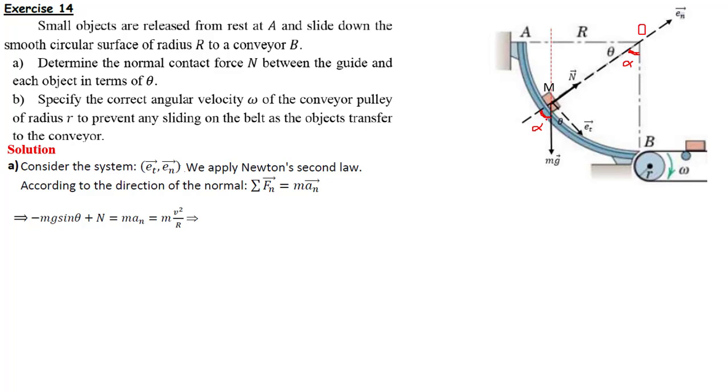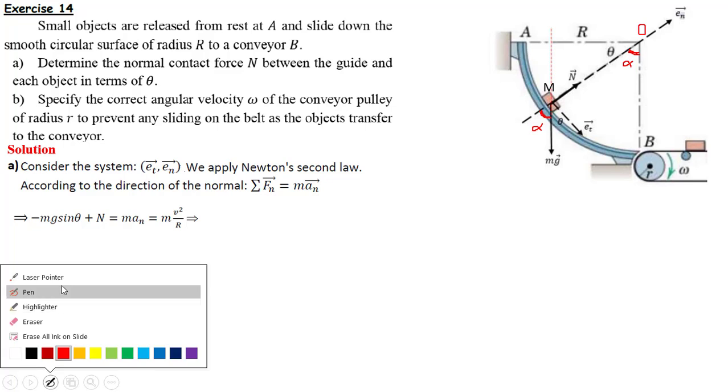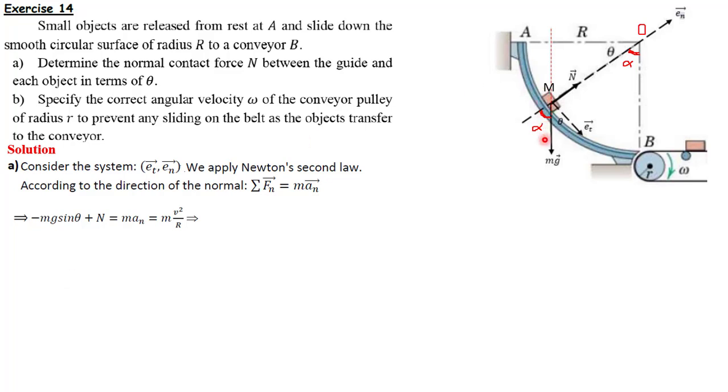This red angle is equal to this red angle, corresponding angles, and alpha plus theta is equal to 90 degrees. So the projection of mg along the normal unit vector En will give us minus mg cosine alpha, which is equal to minus mg sine of theta.